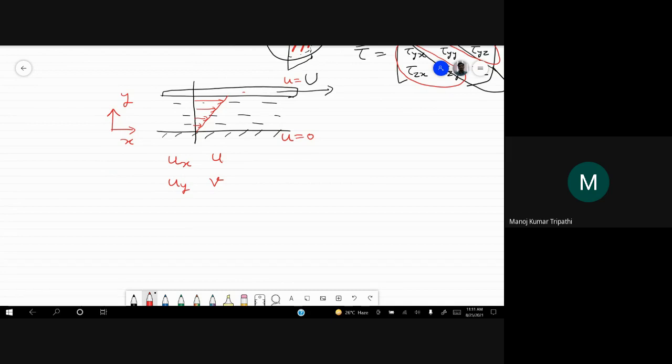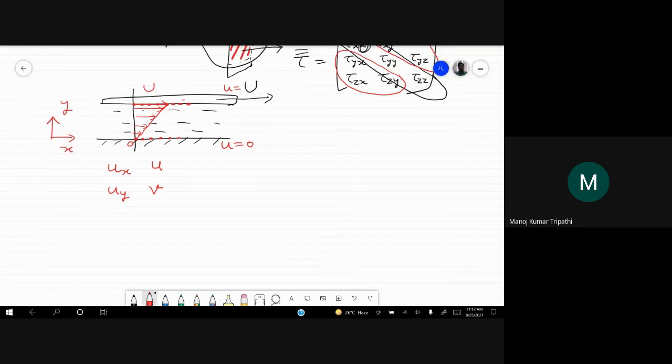So the bottommost fluid particles are attached to this solid, and the topmost fluid particles are also attached to the solid here, and in between there is some deformation in this fluid domain, continuous deformation. So the topmost fluid particles, their velocity is capital U. The bottommost fluid particles, their velocity is 0, and in between it is linearly varying.